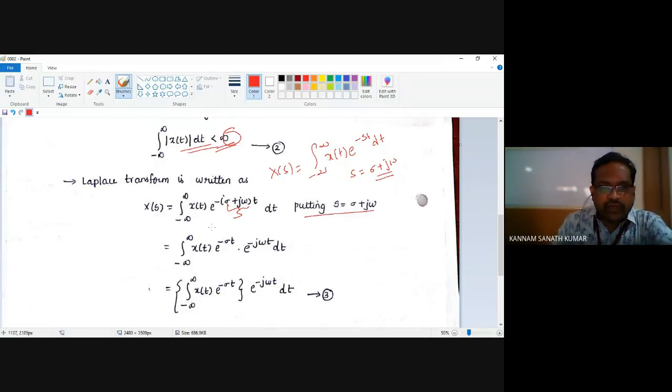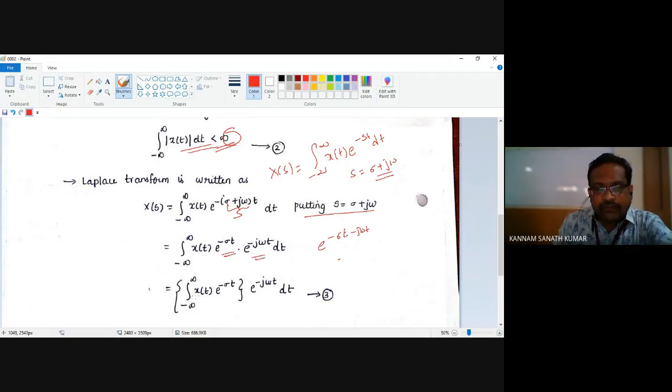As you know, a power m plus n equals a power m into a power n, so we separate them: e power minus sigma t minus j omega t, that is, e power minus sigma t into e power minus j omega t.